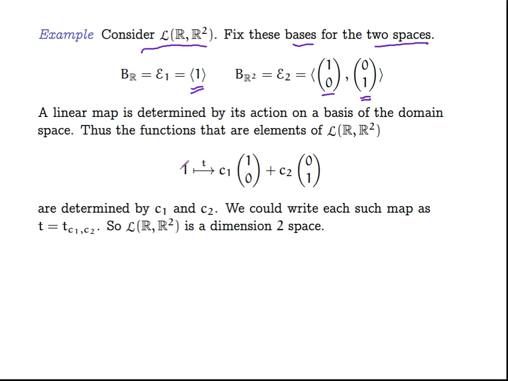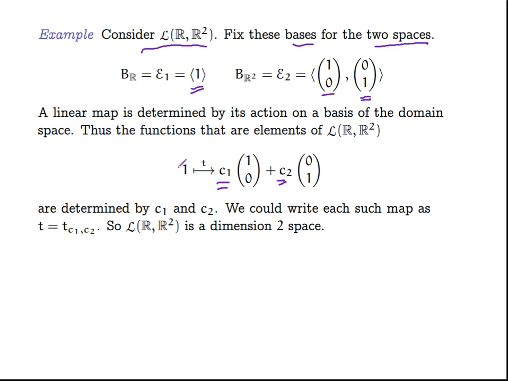Now I can certainly define a linear map this way: for any fixed constants C1 and C2, I can map 1 to C1 times the first basis vector plus C2 times the second basis vector. Now this C1 and C2 are fixed for this particular mapping.